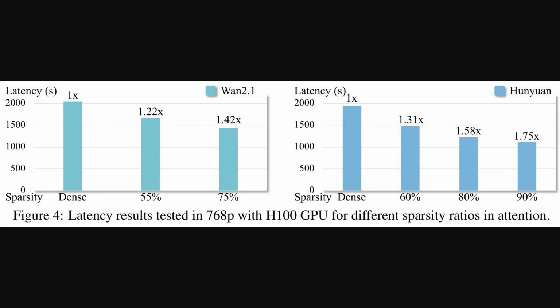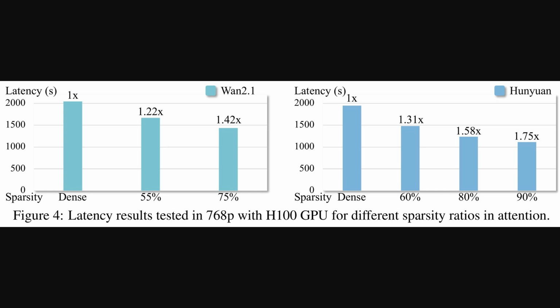So that pipeline we just saw is the theory, and these charts show the real-world results. We're looking at latency, or the total time in seconds to generate a video, for two different models, WAN 2.1 and Hunyuan. The key here is the sparsity ratio along the bottom. This is the percentage of attention calculations the model gets to skip because the draft guide deemed them unimportant.